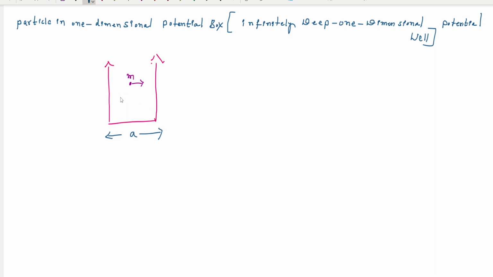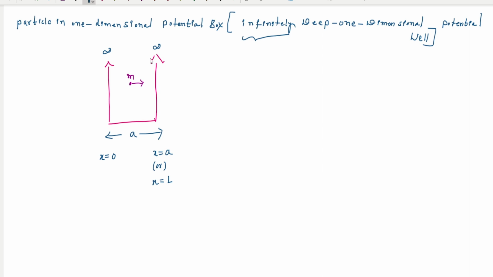So the motion of the particle along the x-axis is confined between these two walls, x equal to 0 and x equal to a. In some boxes we can take x equal to l also, the length of the box. Here I'm considering x equal to a. This is an infinitely deep one-dimensional potential well, so the height of these walls is infinity.